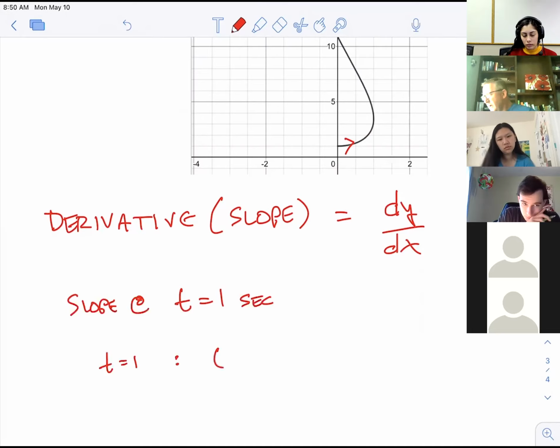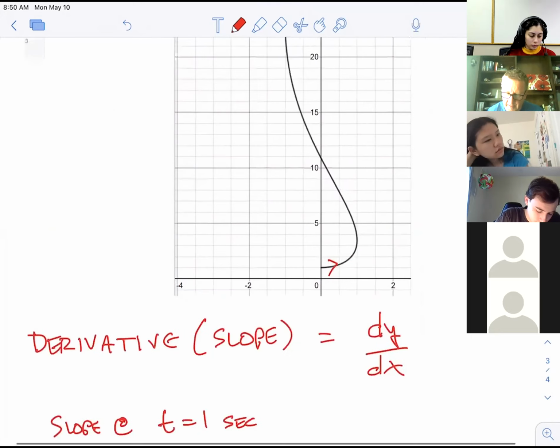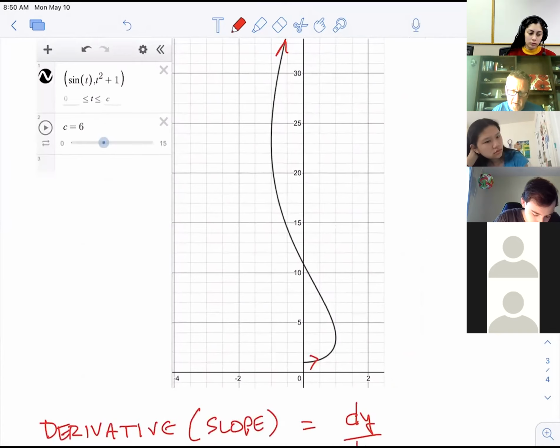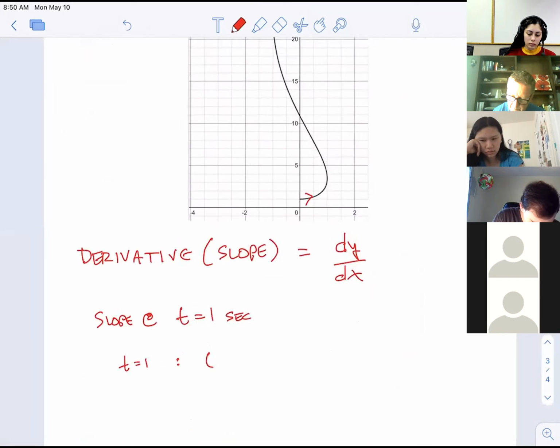Well, if I bust out my calculator, which is apparently lost somewhere, since our equation was the sine of 1 and then 1 squared plus 1, so my calculator is in radian mode as of right now. If I take the sine of 1, I get 0.841. And if I put 1 into t squared plus 1, I get 2. So I'm at that point.